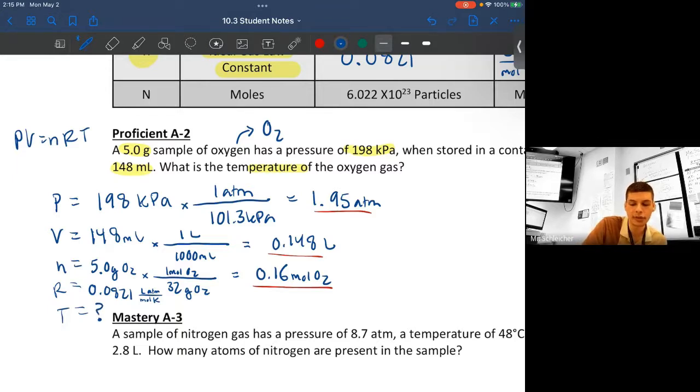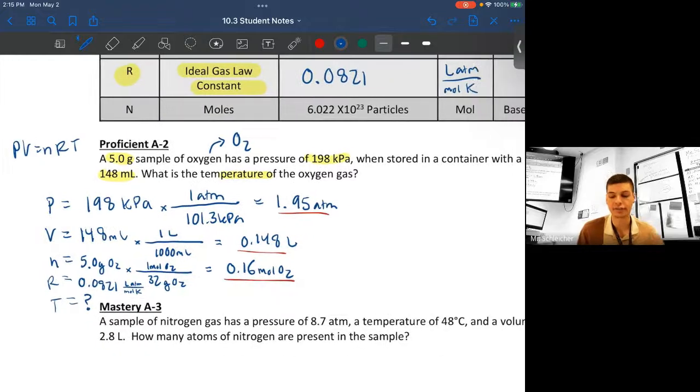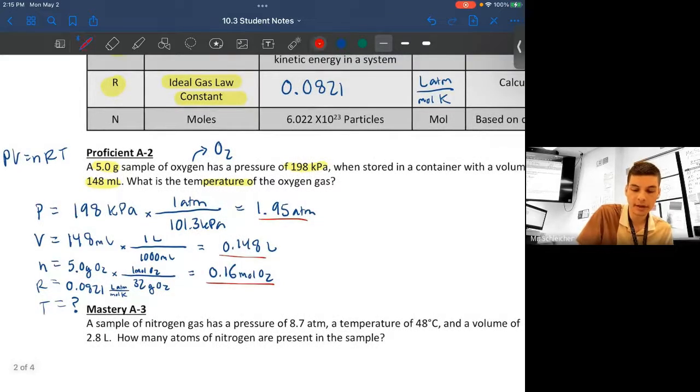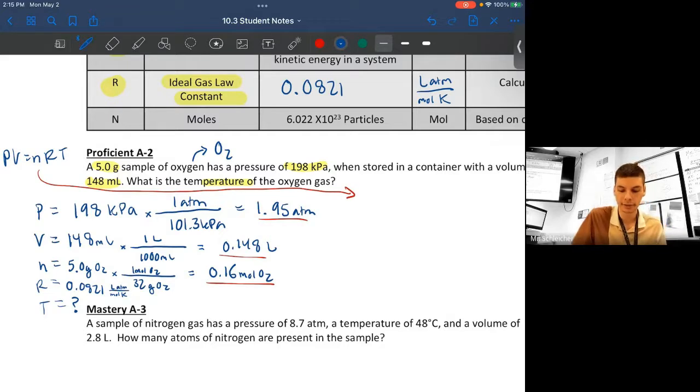Finally, the temperature. We have no idea what that is. We're going to solve for that with the ideal gas law equation. This ideal gas law equation will allow us to calculate the temperature of this gas without ever using a thermometer. So let's plug all these numbers into my ideal gas law equation and use algebra to solve for my unknown temperature.